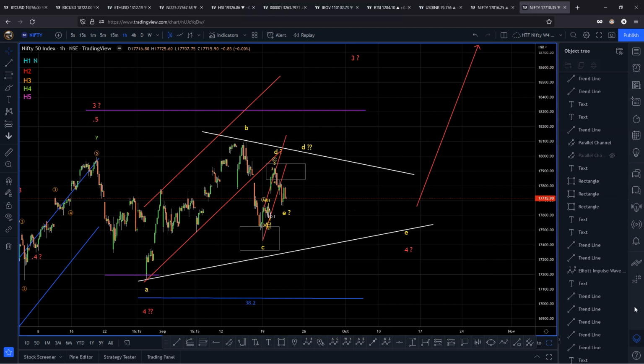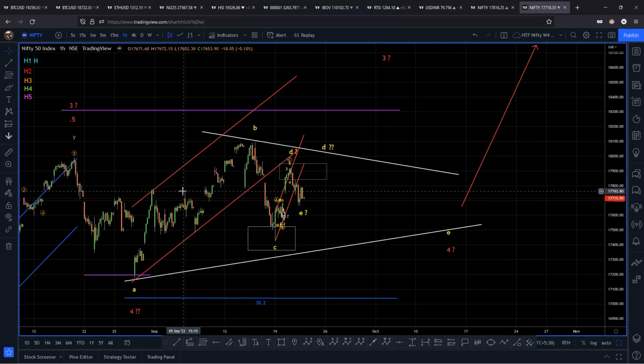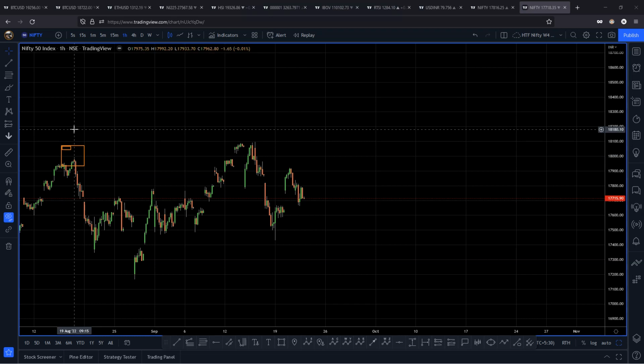We currently have what we think is a possible triangle structure, with the starting point being this point of reference, with the high of 17992.20 on 19th August 2022.